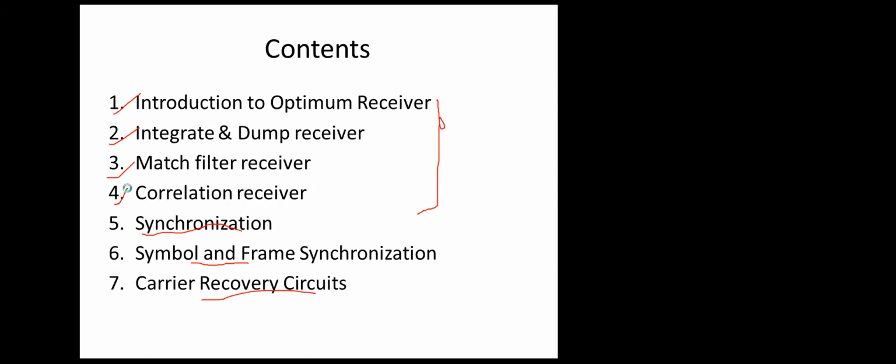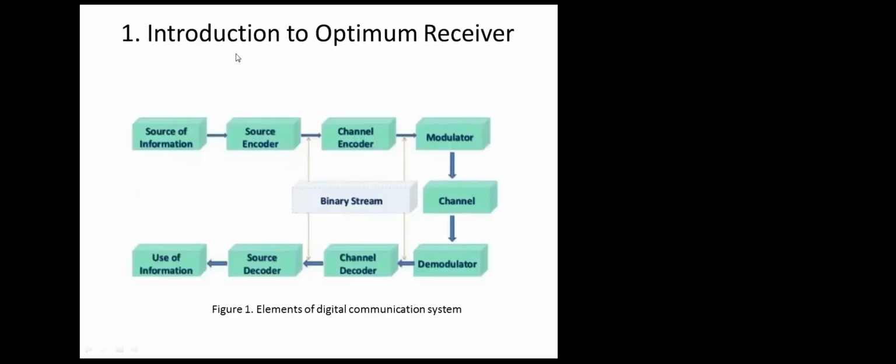Okay. So to begin, I will just display the picture of the elements of a digital communication system. We have already spoken about your source of information, which is basically analog data, and that analog data you are converting into binary form with the help of your source encoder.